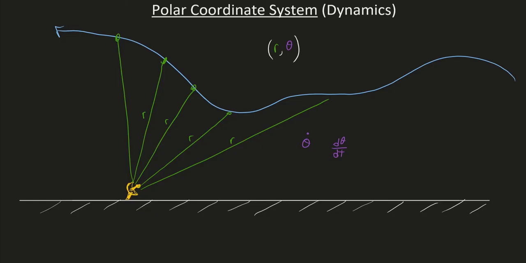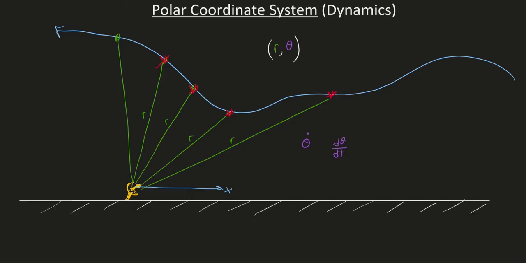Theta is an angle, and usually that angle is measured from the positive x-axis. As we can see, as this particle travels, our angle is getting bigger. So at each point, our particle will have an r and theta value. A position, but in terms of r and theta.